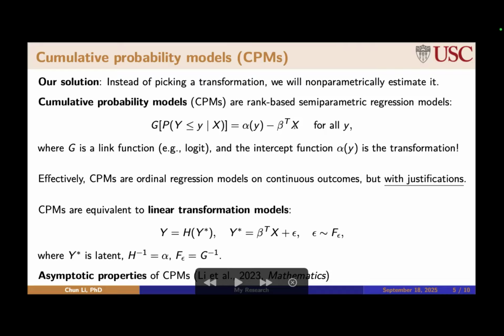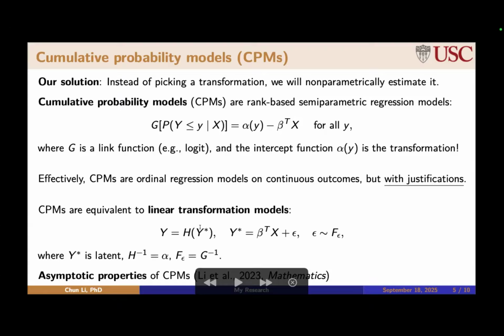There's another way to motivate this analysis, which is to start with something called a linear transformation model. Instead of directly connecting Y with X in a linear way, which is strong, you can think about a latent variable called Y star that you never observe. Y star connects with X in a nice linear way, but the connection between Y and Y star is monotonic, with an unknown transformation.